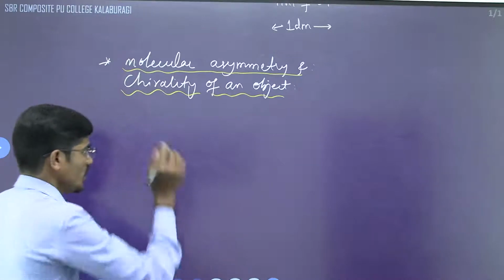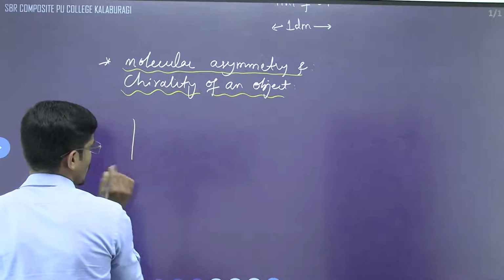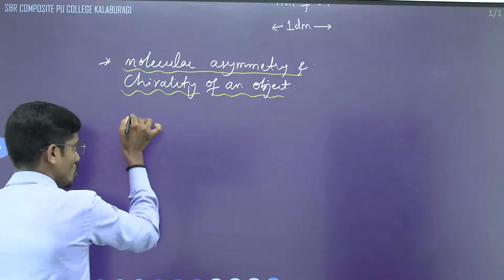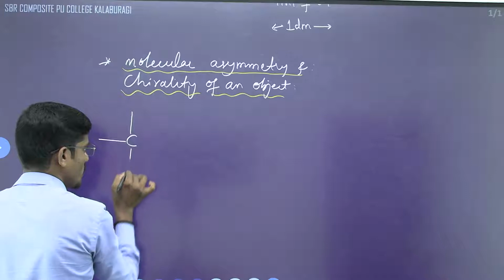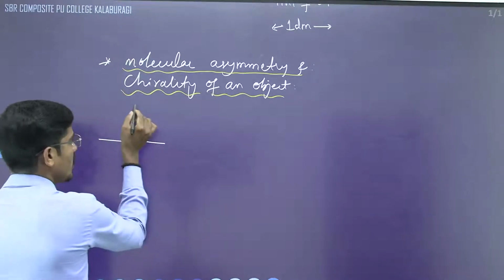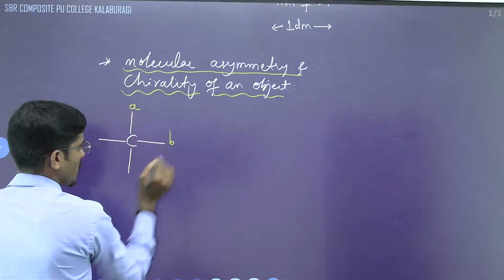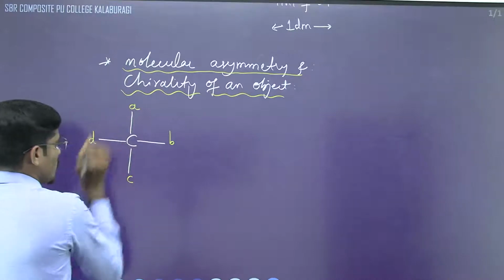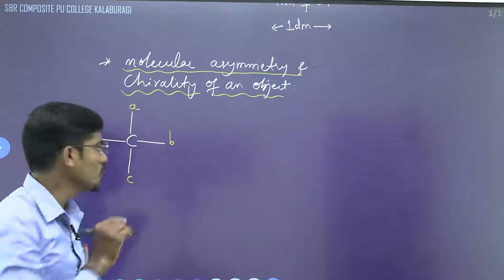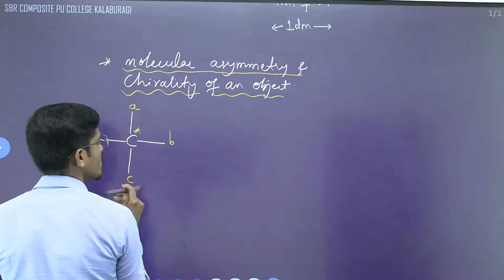In any one such organic compound, if it contains a carbon atom to which four different groups are attached, completely different groups, let us call them group A, B, C and D, the carbon containing 4 different groups is said to be an asymmetric carbon, which is represented by a star mark.